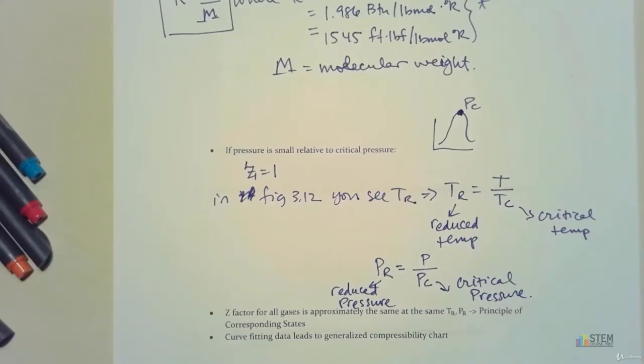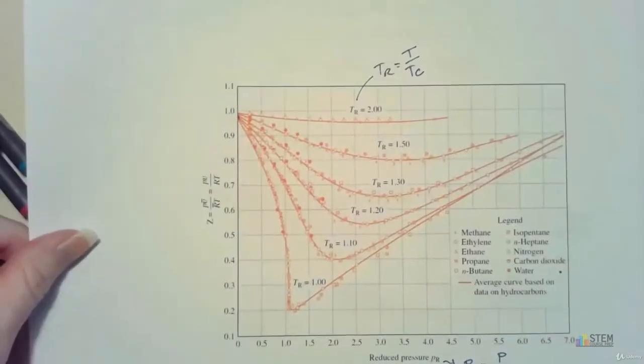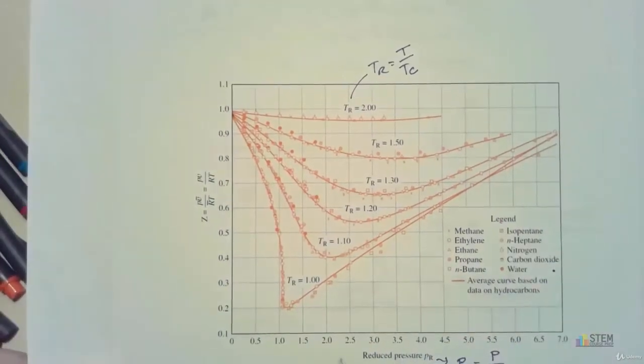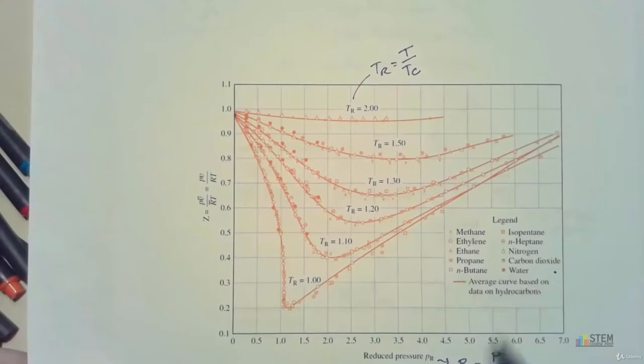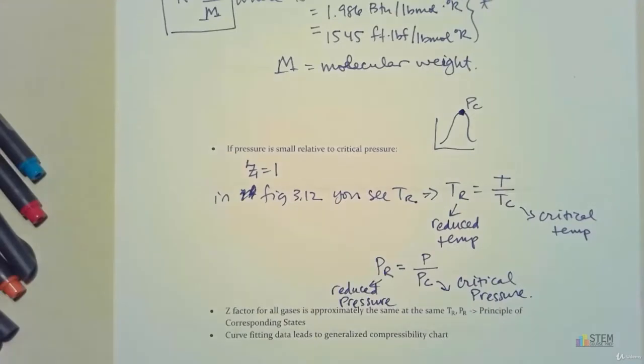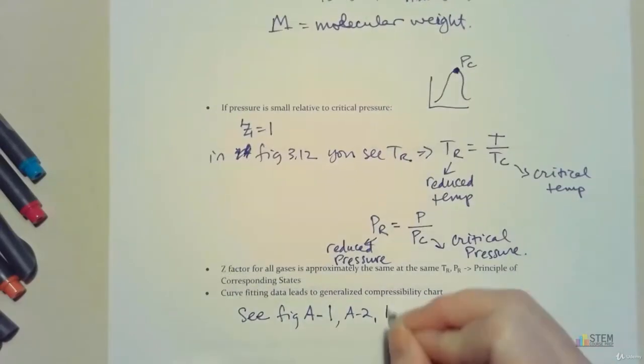Now, if we take the data from this plot, figure 3.12, and do curve fitting on it, we can get a generalized chart where we no longer have to worry about the different substances. So that's what we're going to look at next. If you have the book that I have, we're going to see figures A1, A2, and A3.